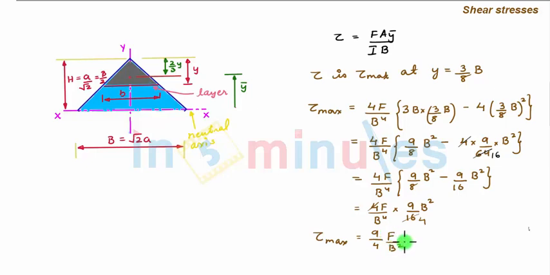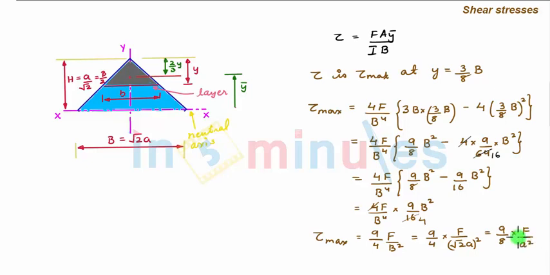If I substitute the value of b in terms of a, we get this as 9 by 4 into f by square root of 2 into a whole square. Now this is equal to 9 by 8 of f upon a square.